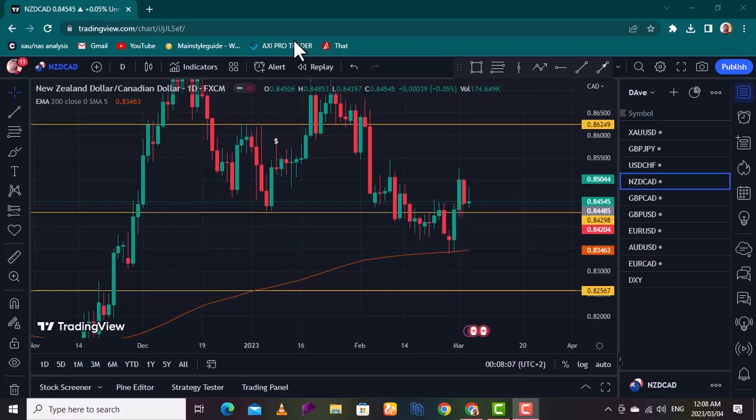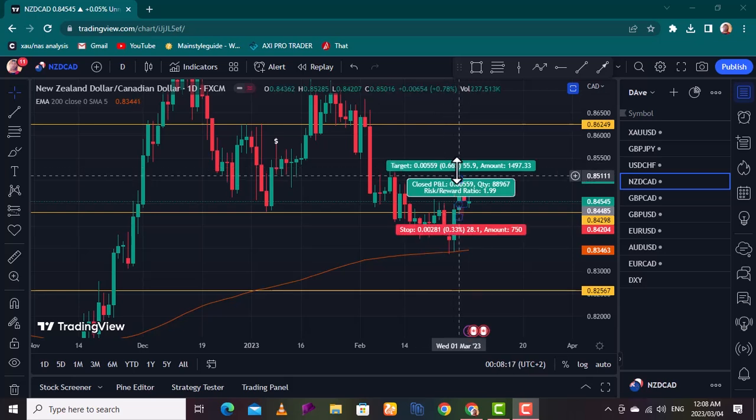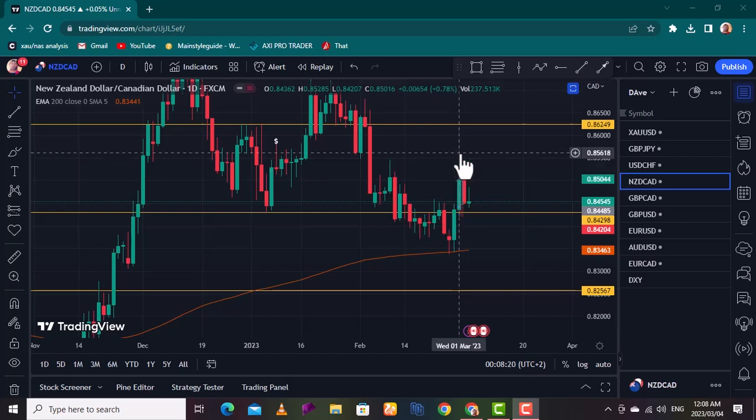Okay, now on to the last trade I took today, actually Friday, the last trade. On the daily time frame, we can see that on Tuesday and on Wednesday we had a lot of bullish momentum. Keep in mind, Wednesday was the first of the month, okay?